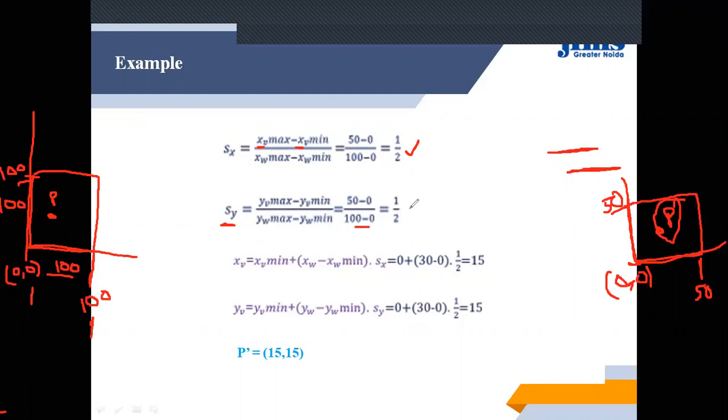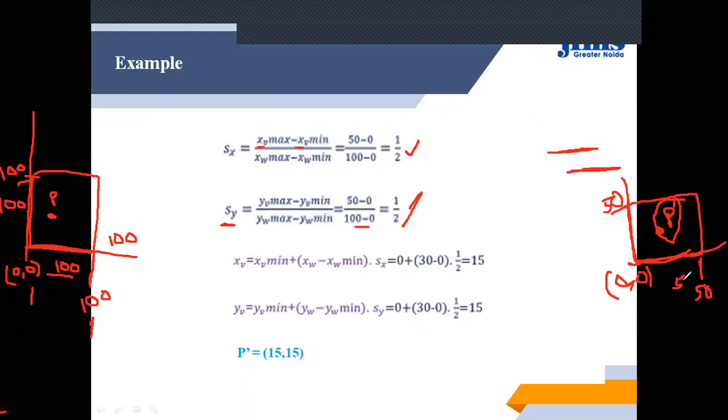So this is also 1 by 2. You can see from here that the length of the window is 100 and the length of the viewport in the x direction is 50, so this is half.